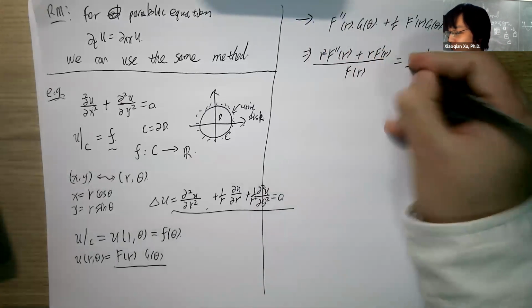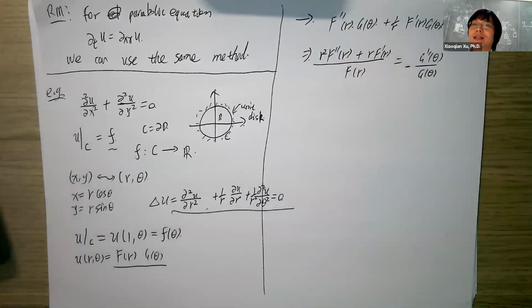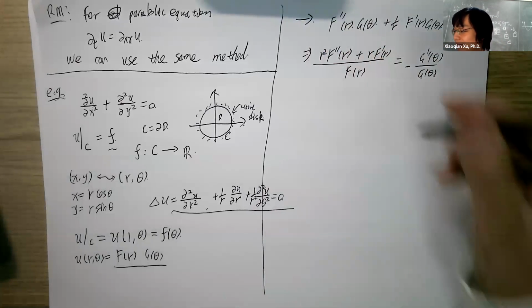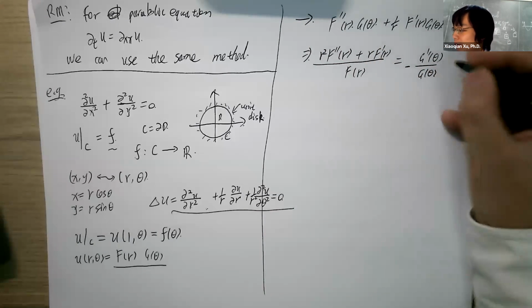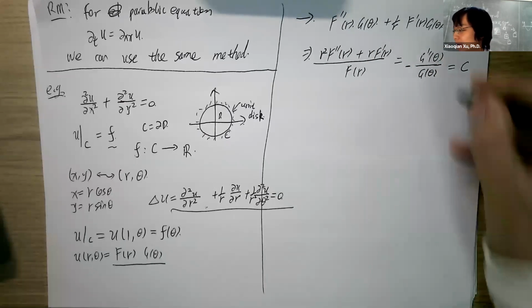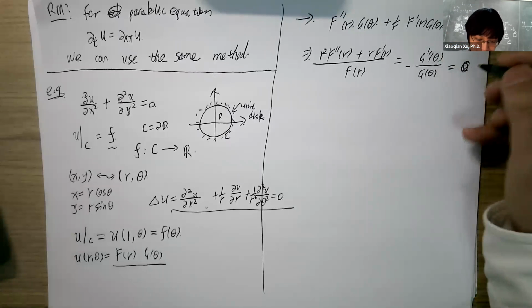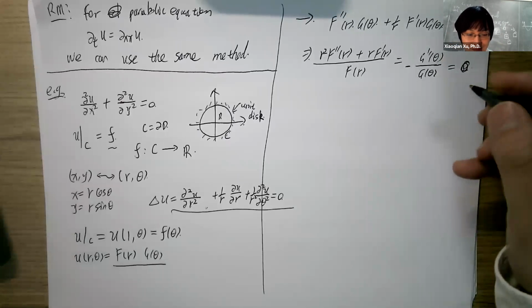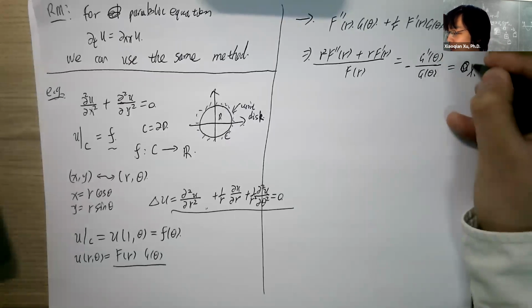Well, this looks okay because then again, by the same trick, we know that it must be a constant. Let's say this constant is again lambda.